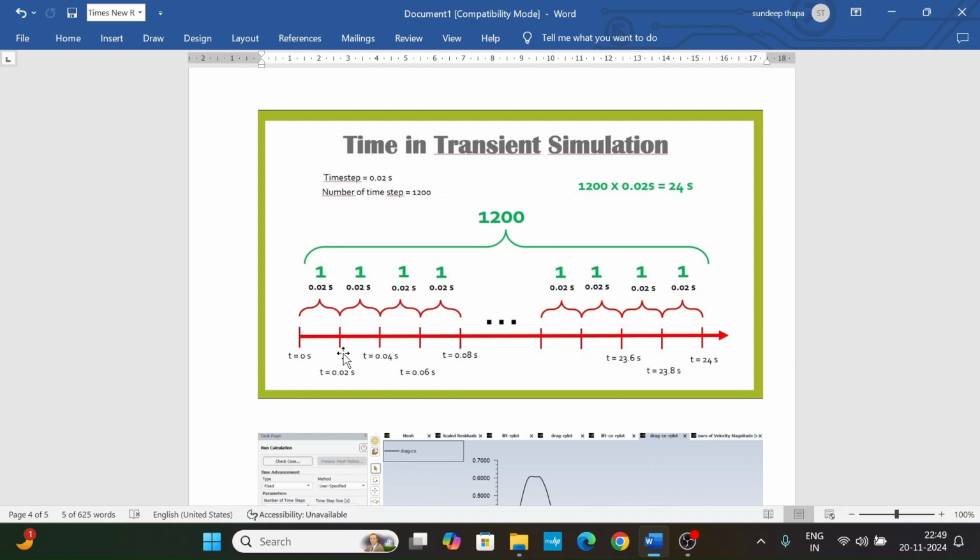In that time, major dynamic changes will happen and you miss those parts. That's the reason, do not take a higher time step, take a smaller value, like here in this case 0.02 second, and if you are not satisfied with that, go even lower than that. You can increase the number of time steps.